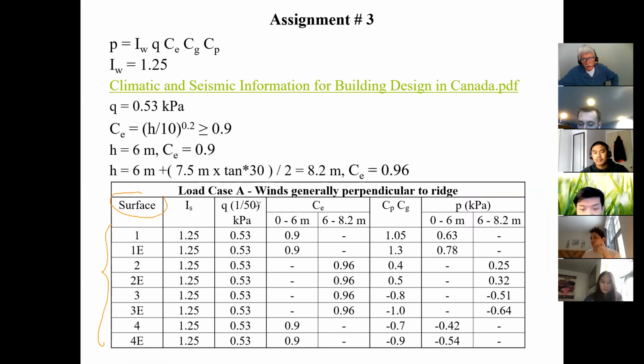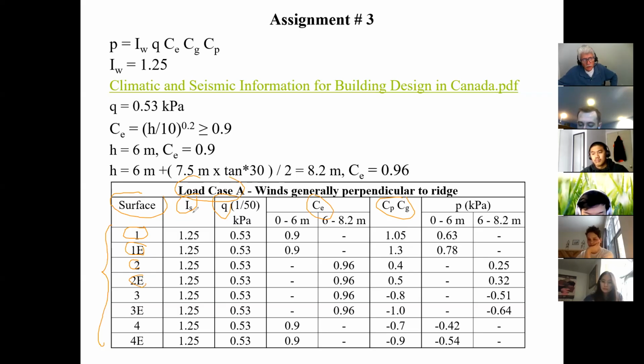And then basically this is just the equation written out here: I_S, q, C_E, C_G. If I only have 6 meters, then I would only have one column. If I go from 6 to 8.2, I have 2 columns. And if I have even another height, I will go to 3 columns. Then I just write the surfaces here, 1, 1E, 2, 2E, the ones that correspond to load case A. So I simply write down the 4 surfaces that I will be calculating the pressures on.